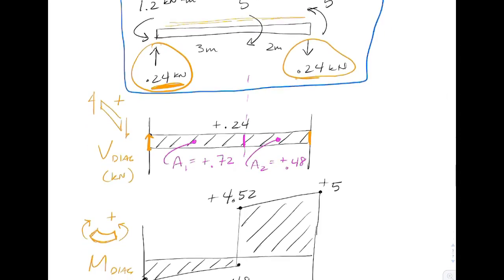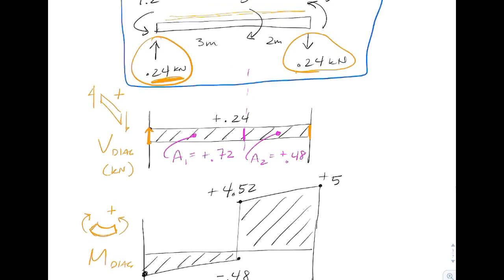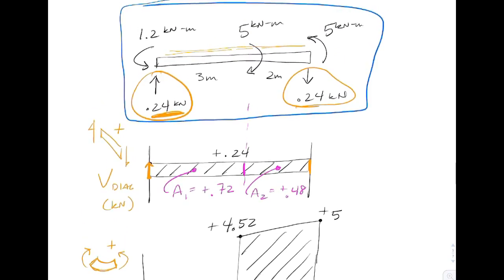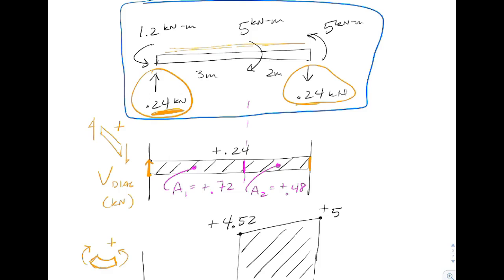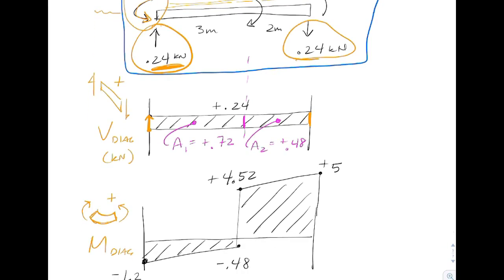There's a relationship between shear and moment, so let's work our way across. As we get onto the beam, we encounter a moment that would be counterclockwise. That's going to kick us down on the moment diagram to minus 1.2.